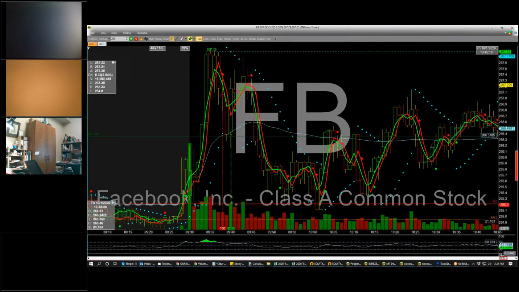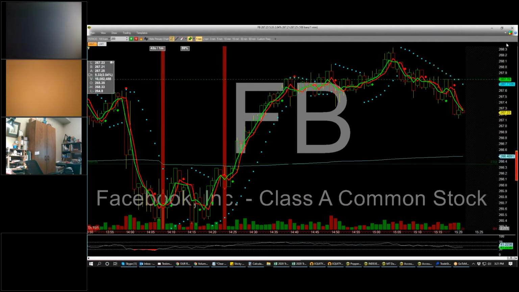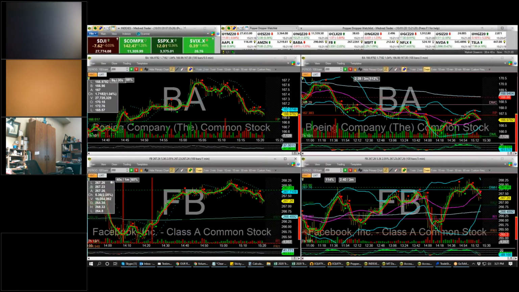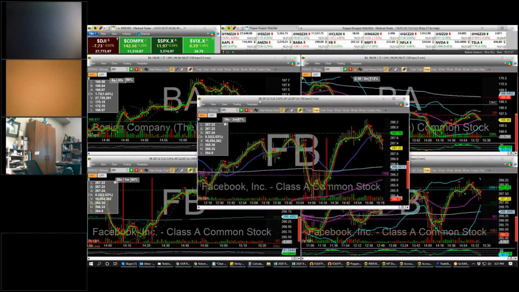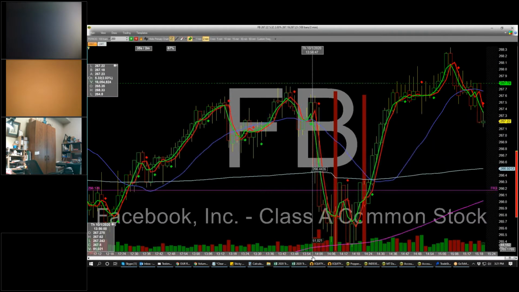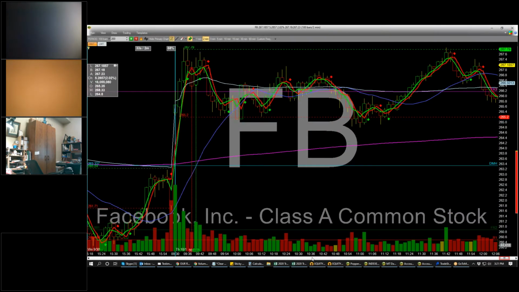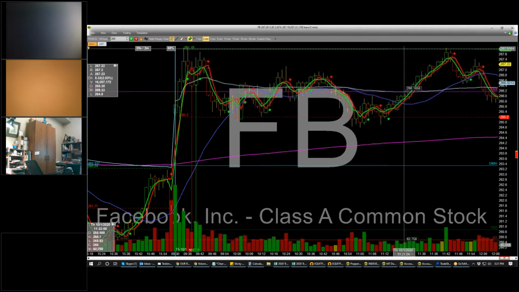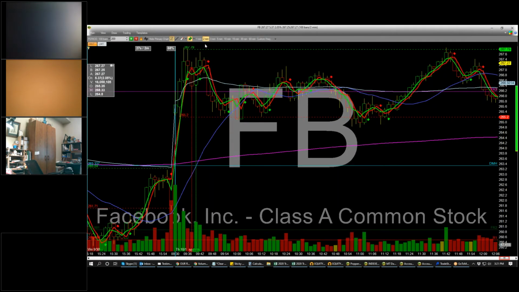Now let's look on the 2-minute and see if that weekly pivot had anything down at those levels. So here's the weekly pivot.